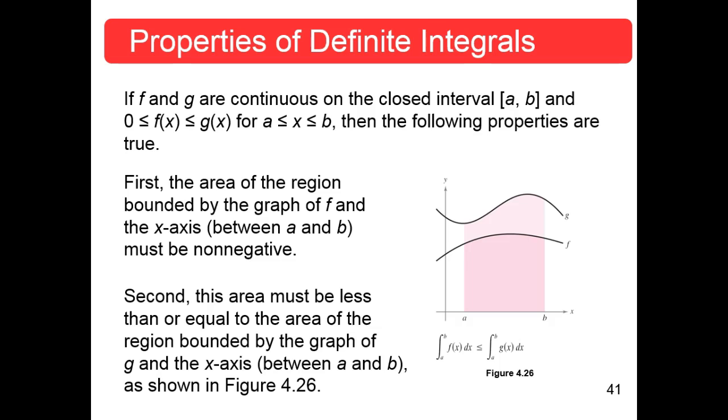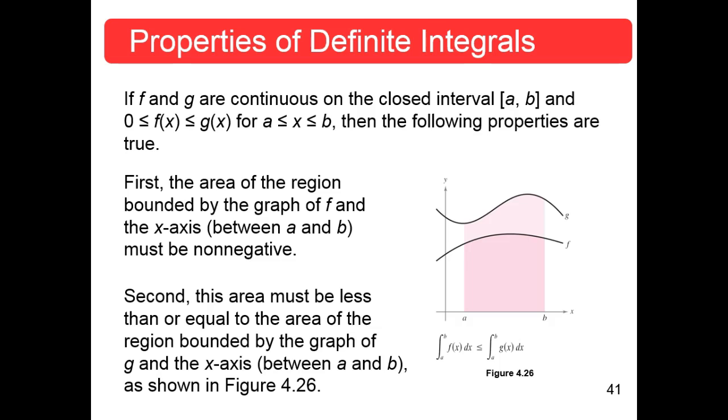First, the area of the region bounded by the graph of f and the x-axis between a and b must be non-negative. Yeah, because f is greater than or equal to 0, so the area's got to be non-negative.